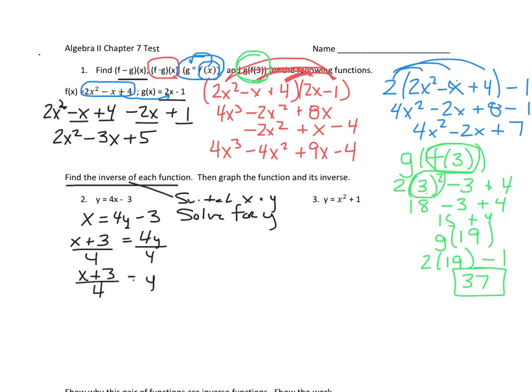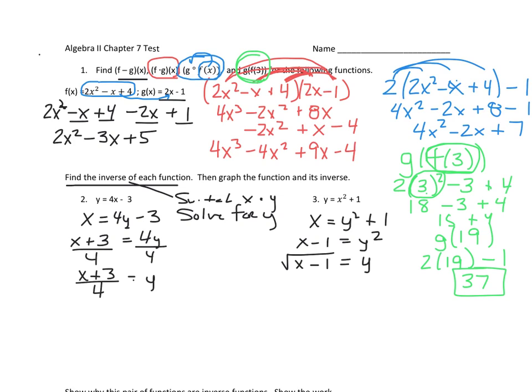So the inverse of 4x minus 3 is x plus 3 divided by 4. On the other one, this is a quadratic equation, so I'm going to switch x and y. Solving for y, I'm going to subtract 1. I'm going to take the square root of both sides. So that's the square root of x minus 1.